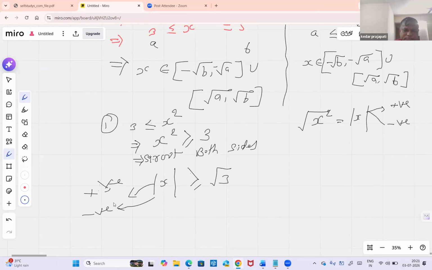Right? It means what? x can either be minus root 3 or, suppose x is positive, right? If we're taking x value positive, it will be greater than root 3.